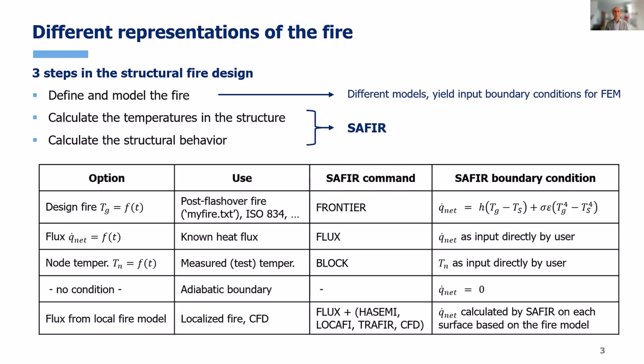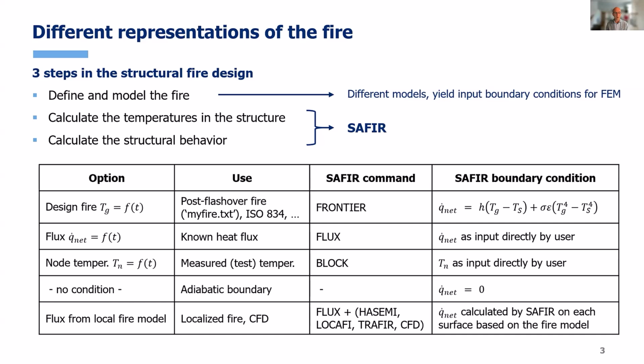That's appropriate for post-flashover fires when the temperature is approximately spatially uniform in the compartment and the surfaces are then heated by this gas temperature. So when applying a function TG, SAFIR will then compute the net heat flux through the boundaries, considering convection and radiation. But there are other options.